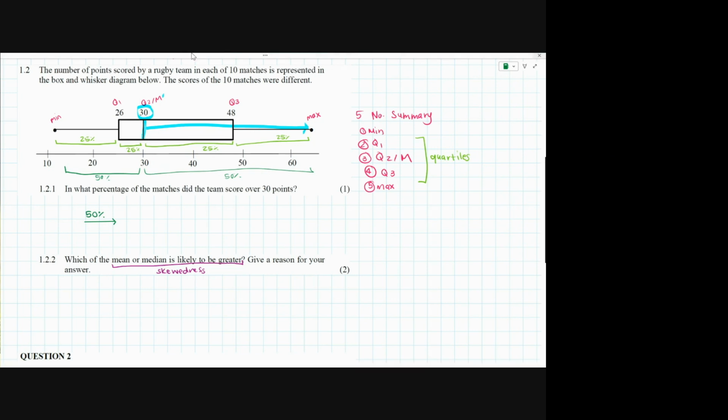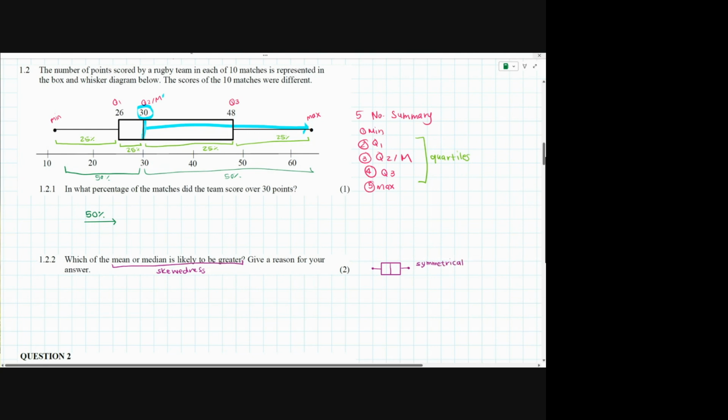So we're just going to go on the side here. Okay, my drawings are not going to be great, but it's going to be fine. So you get different types of spread in your data set. If we look at this box and whisker that I've just drawn here, we can see that it is perfectly symmetrical or very close to symmetrical.